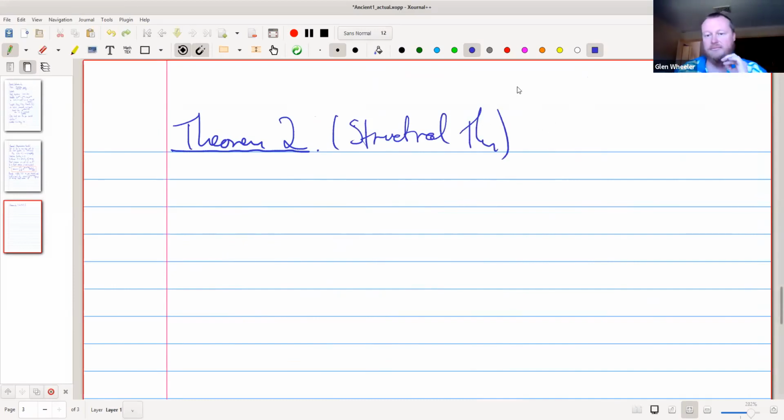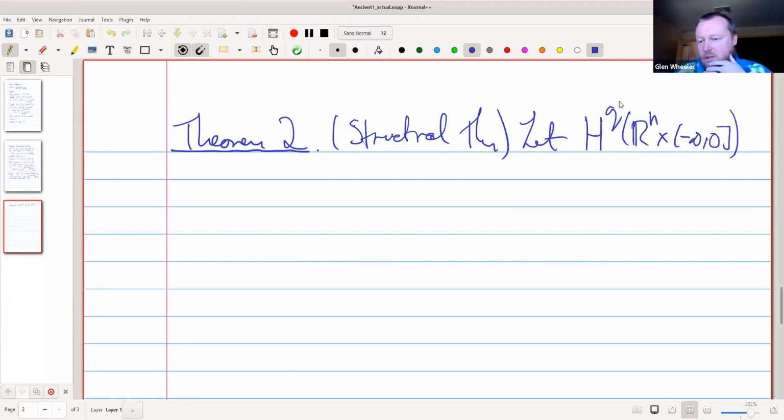We let H_q, I don't like this notation, sorry guys, but I'm doing it anyway, of R^n cross (minus infinity, 0]. Wherever I see an H with an exponent, I think Sobolev space, but anyway. And here, by the way, q should be bigger or equal to 1.